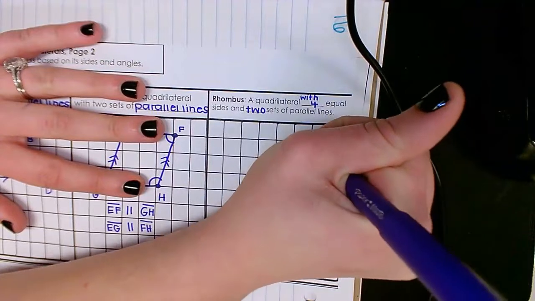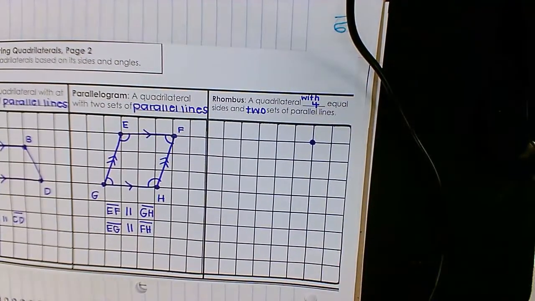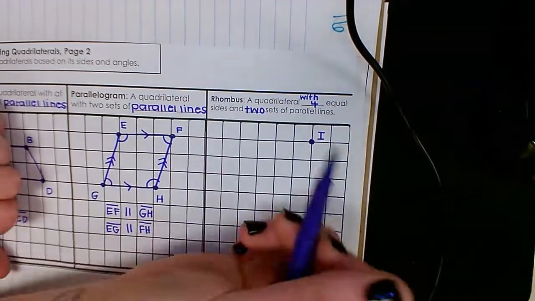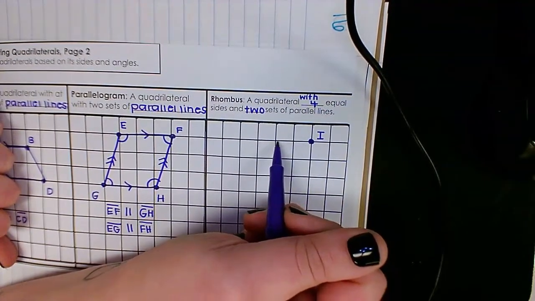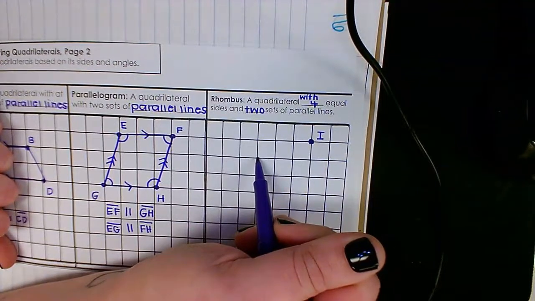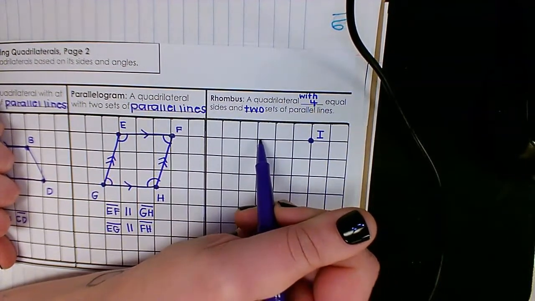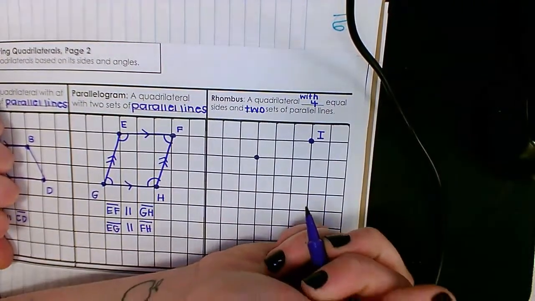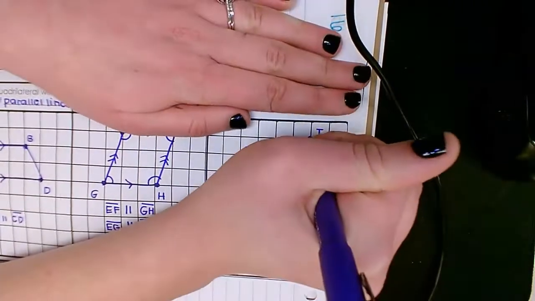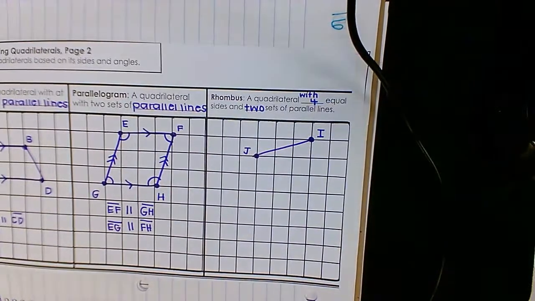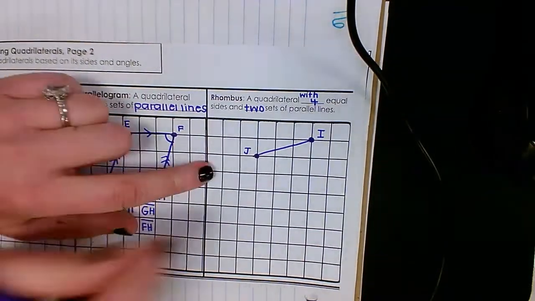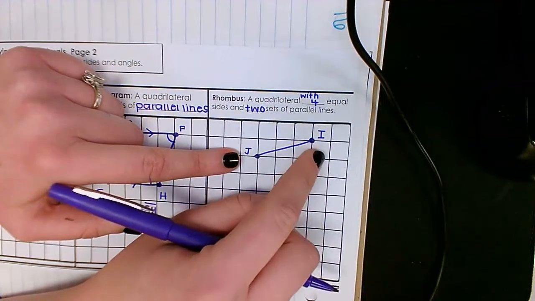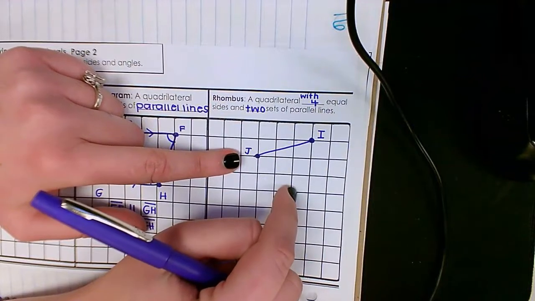Let's start with a point up at the top. We'll call this point I. I'm going to count 3 over and 1 down like this. 1, 2, 3, and 1 down here. And we'll call this J. I'll connect the 2. Let's do the same thing over here, except we're going to go 1, 2, 3 down and 1 over.